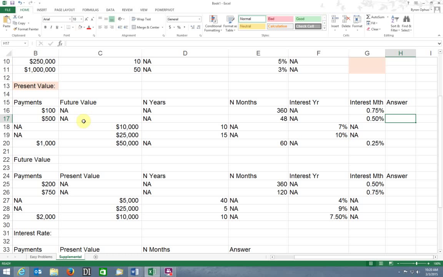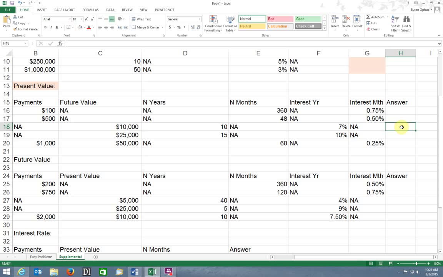Then we are going to find out what's the present value of a single number in the future. If I were going to receive $10,000 in 10 years at 7% interest, what's that worth today? Well, it's something less than 10,000, significantly less, right?